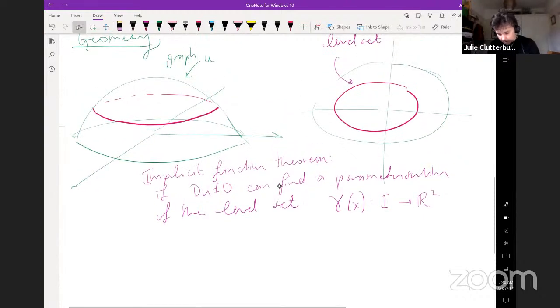And this has a normal and a tangent. And it also has a curvature.